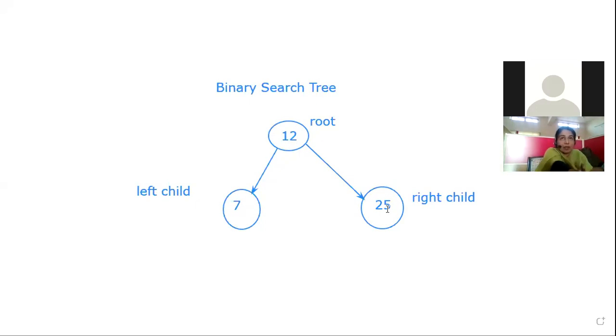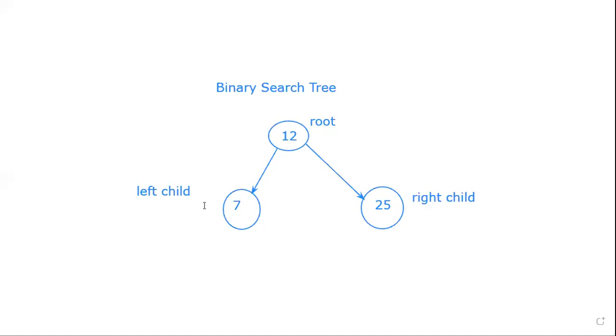And we have a condition imposed on this binary tree that always the right child will be having a data which is greater than the root element, and always the left child will be having a data which is less than the root.